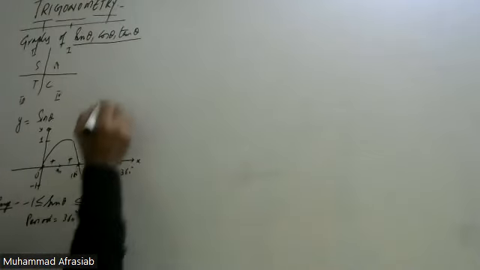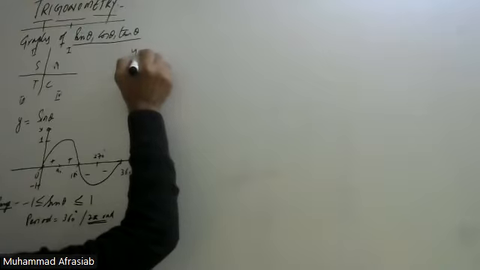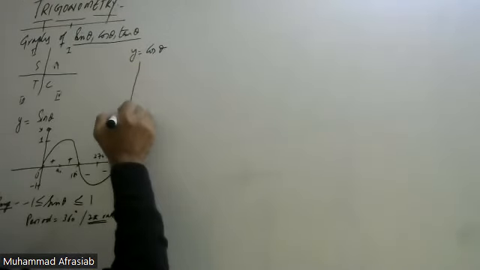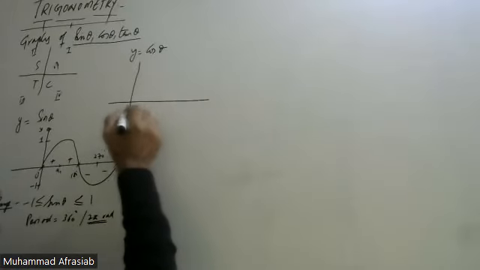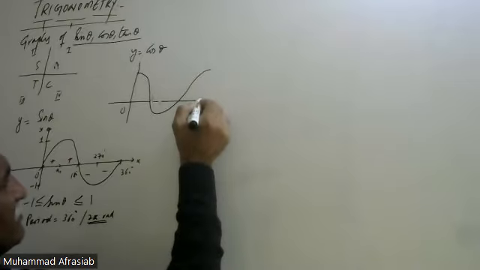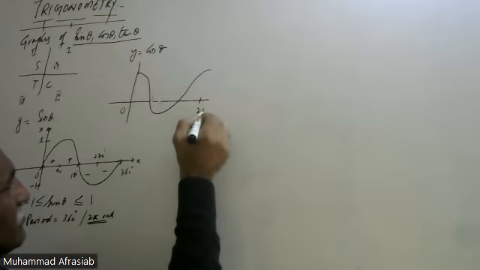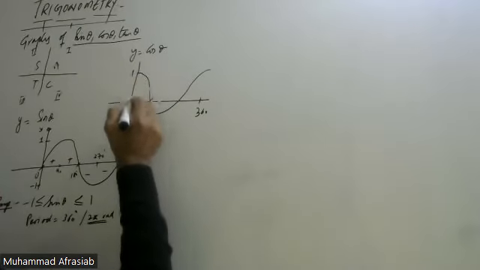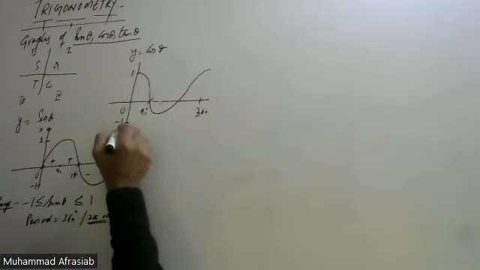With the same method, now we are going to draw the graph of y equal to cos of theta. And this is the graph of this. This is 90 degrees, this one is -1.